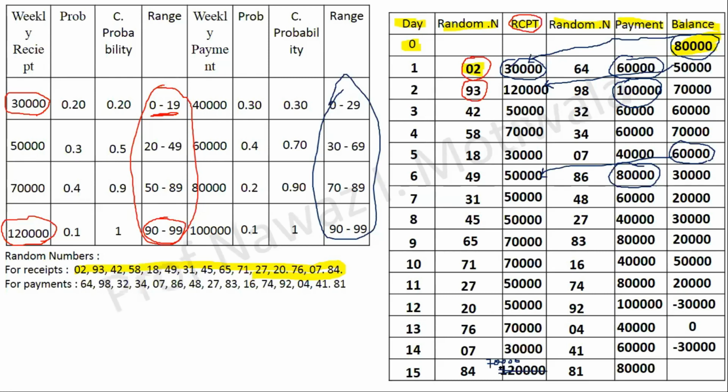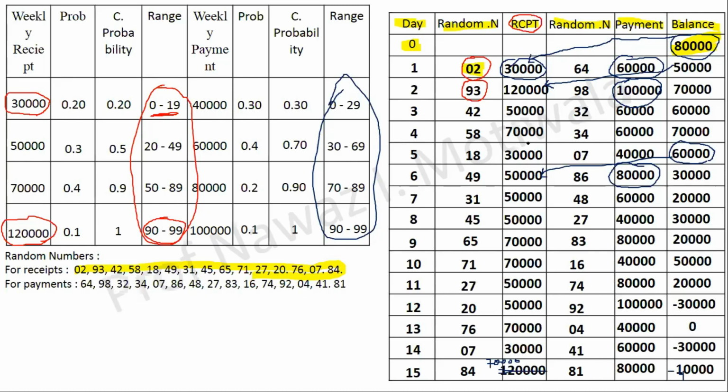Minus 30 plus 70 gives you 40. 40 minus 80 will be minus 40. So there will be some calculation mistakes here.